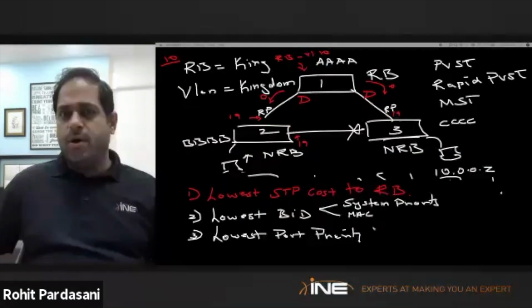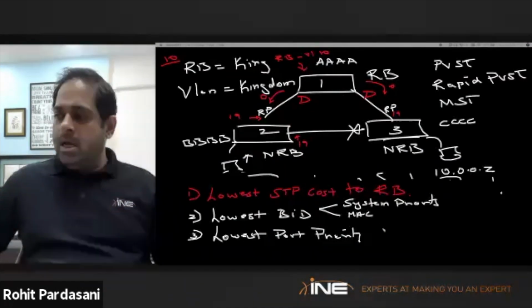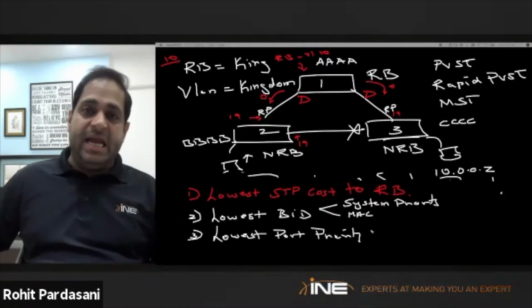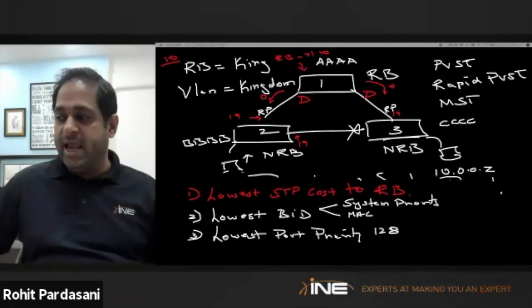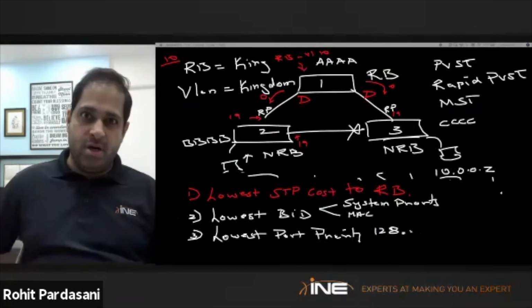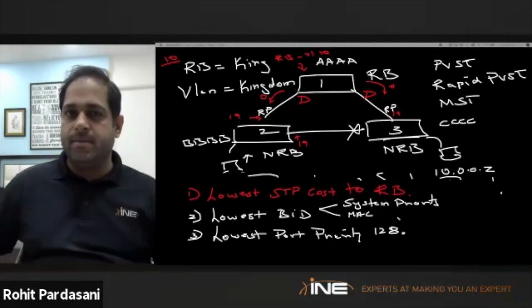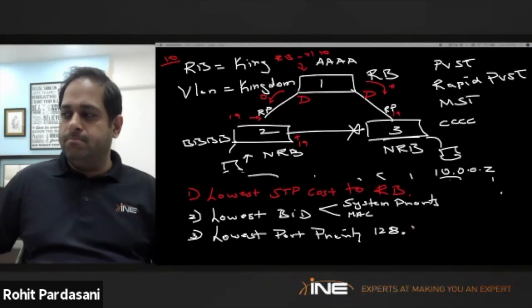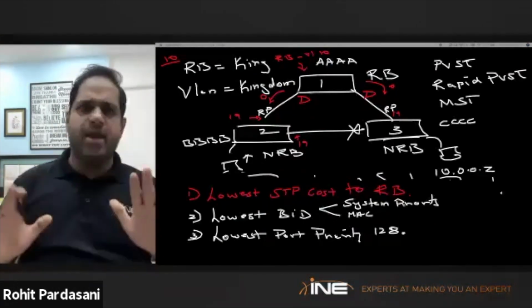The port priority is based on, again, 2 things. It actually consists of 2 things. One is the port priority value, and one is the port instance or ID. So default is 128 dot the port number. Again, the port number actually depends on the port instance ID, depends on the type of switch. So let's say if I had a switch which has 24 fast Ethernet ports, no gig ports.